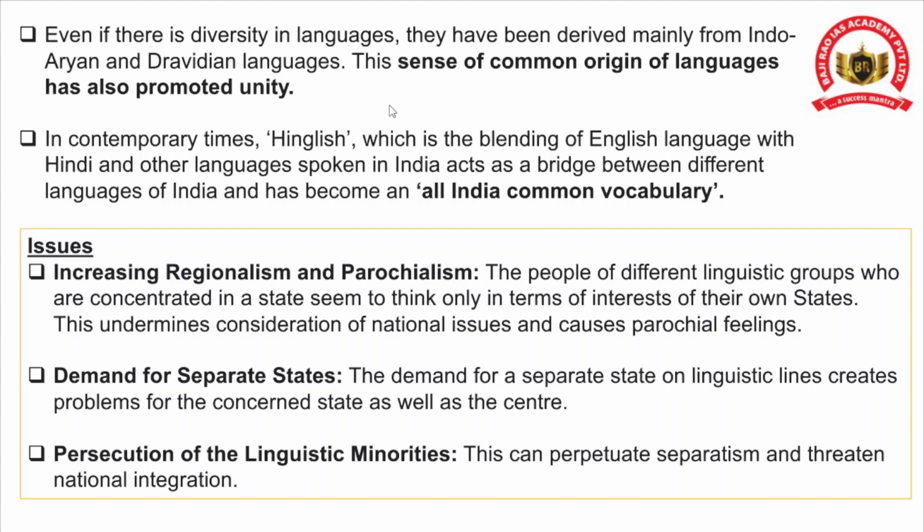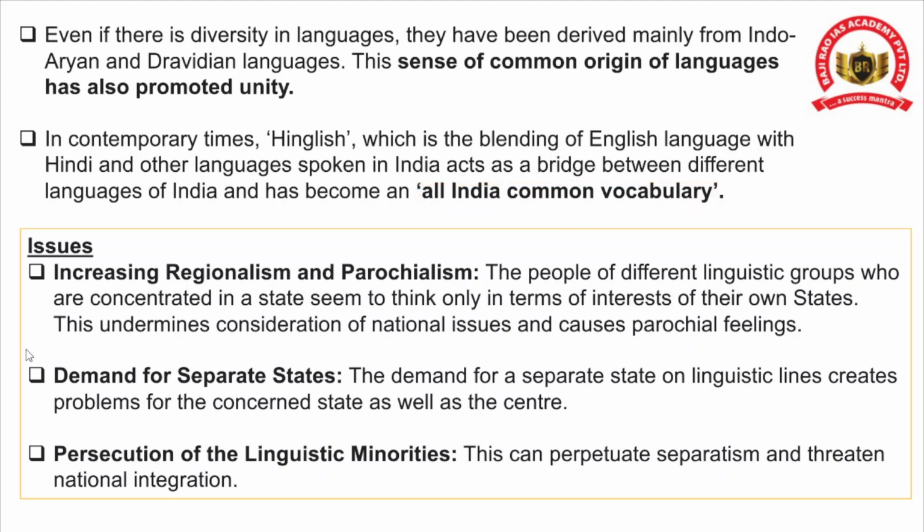So all the people have been interacting. It has become a common bridge language between different parts of our country. Since we have different languages, it has become an all India common vocabulary.